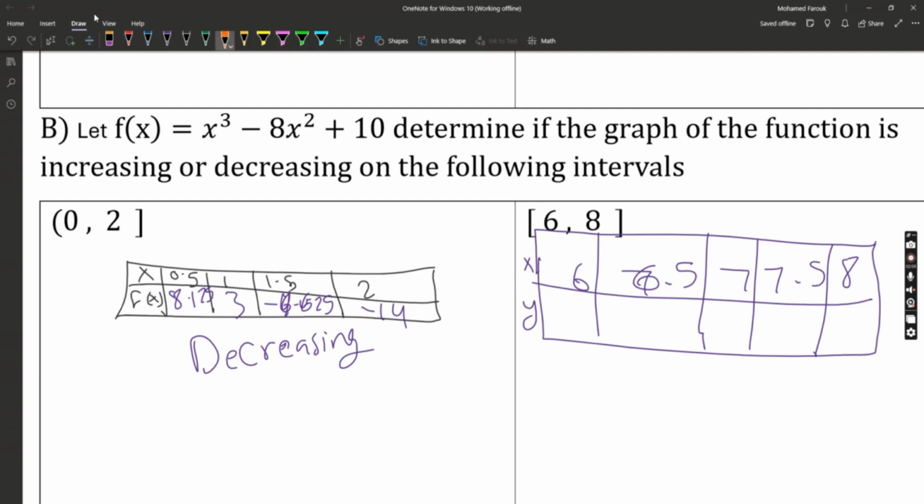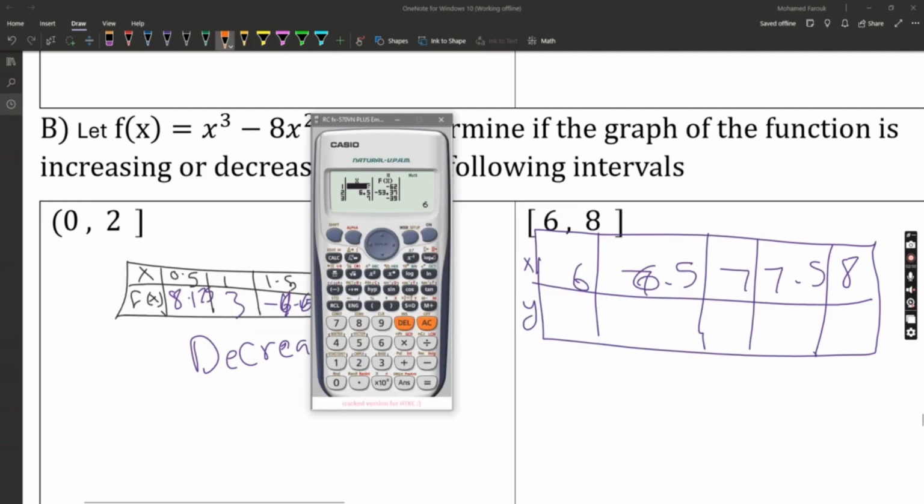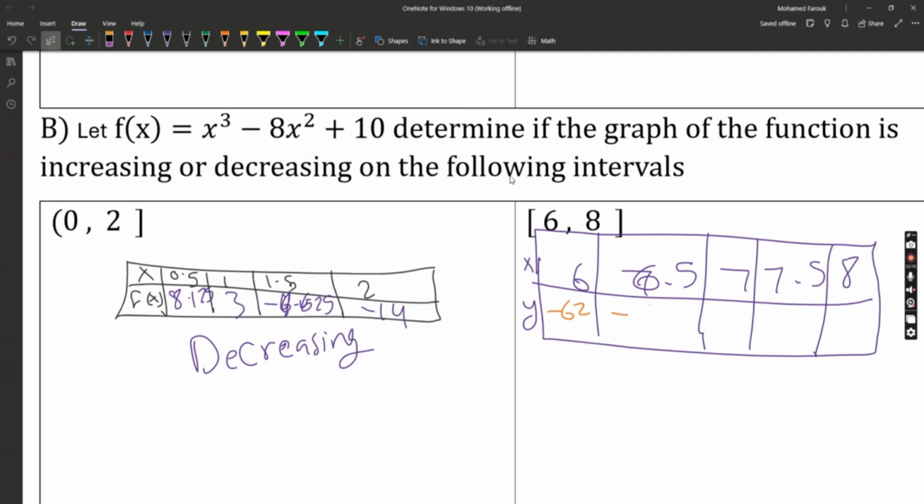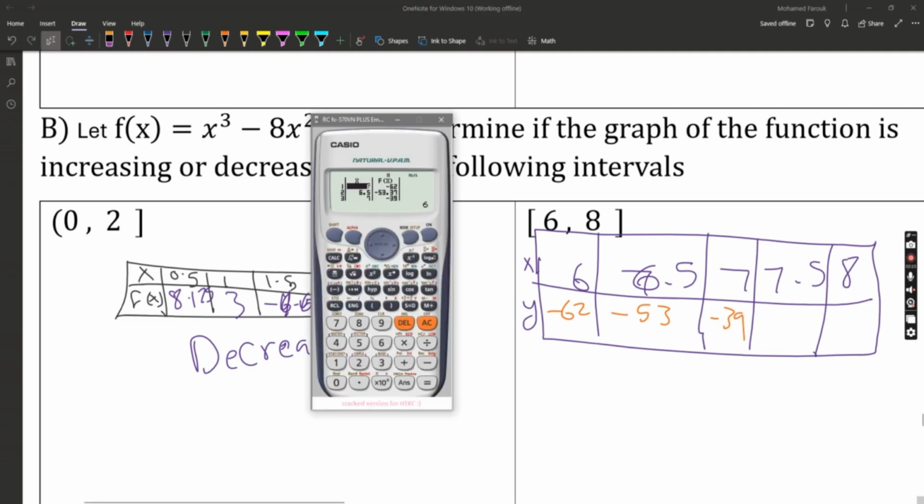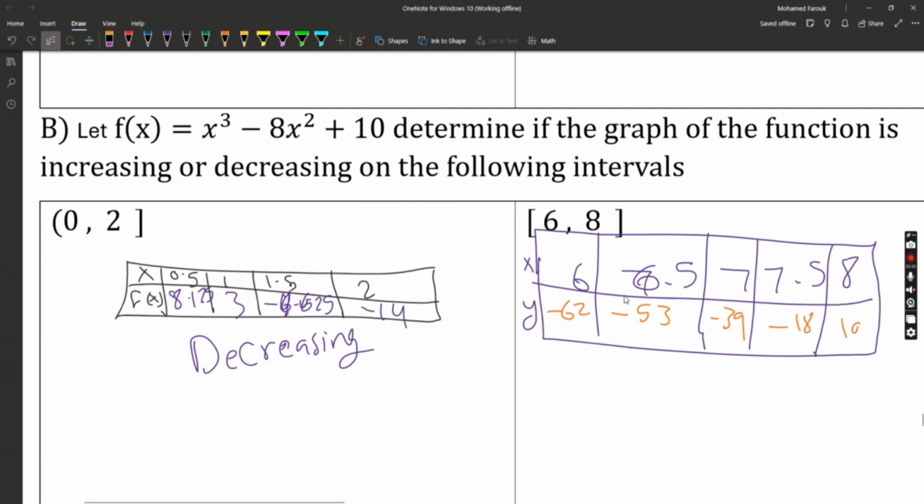And here, negative 62, negative 53, negative 39, negative 18, and 10. We see our function is getting bigger, so it's increasing.